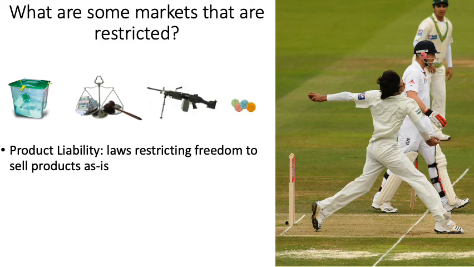Then we have restrictions where, by law, if you go and buy, for example, a laptop or a battery for a laptop, the manufacturer has liability in case the thing suddenly explodes. Why is that? The reason that we don't allow manufacturers to sell items as is in some markets is because we think that the cost to a consumer of understanding whether a laptop is likely to burst is very high.